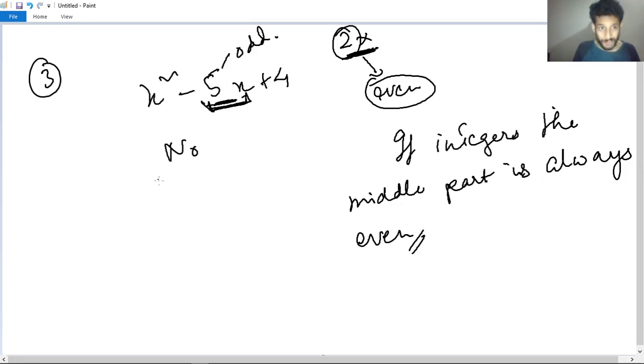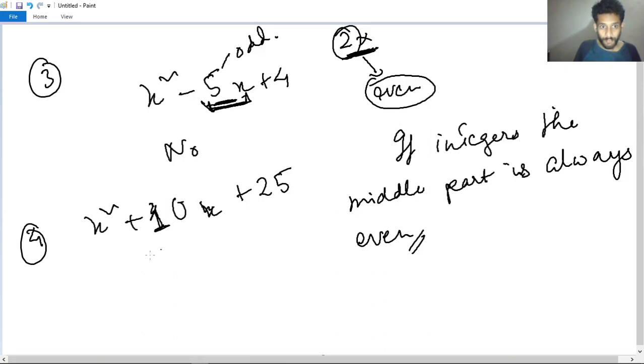Now I guess next of the things you can do it. Why it is yes or no. Now the fourth is a yes. Why? It is x square plus 10x plus 25. If I break it down, it is x square and it is 5 square.